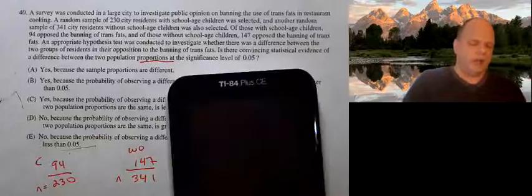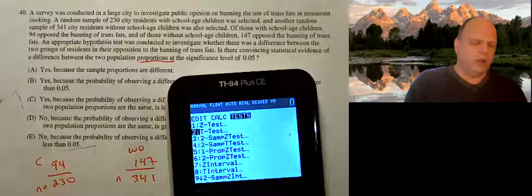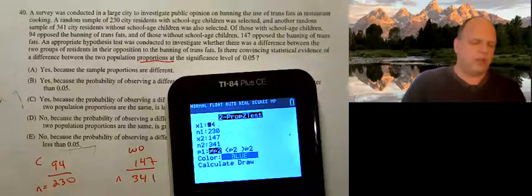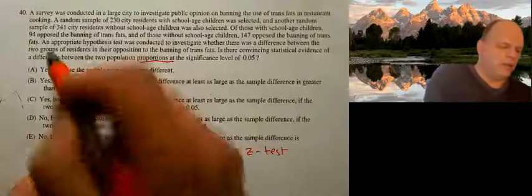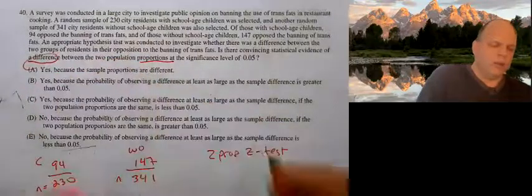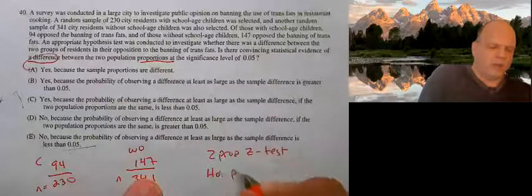So let's go ahead and go to our calculator. Stat test, 2 proportion z-test. 94 out of 230, 147 out of 341. And they're looking for a difference. So basically our null hypothesis is P children equals P without children.